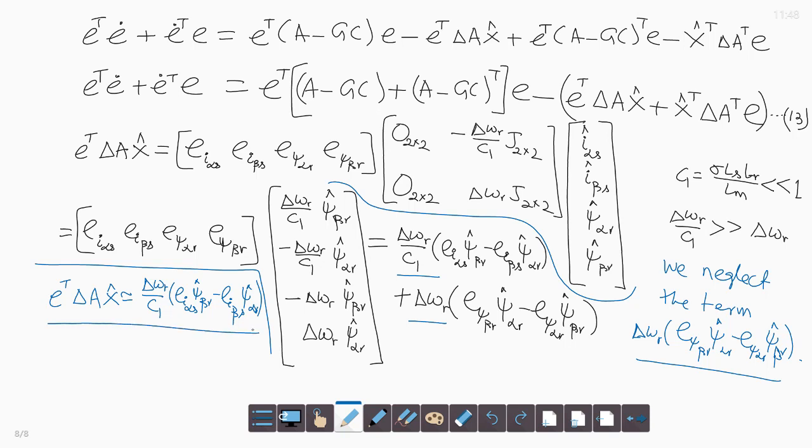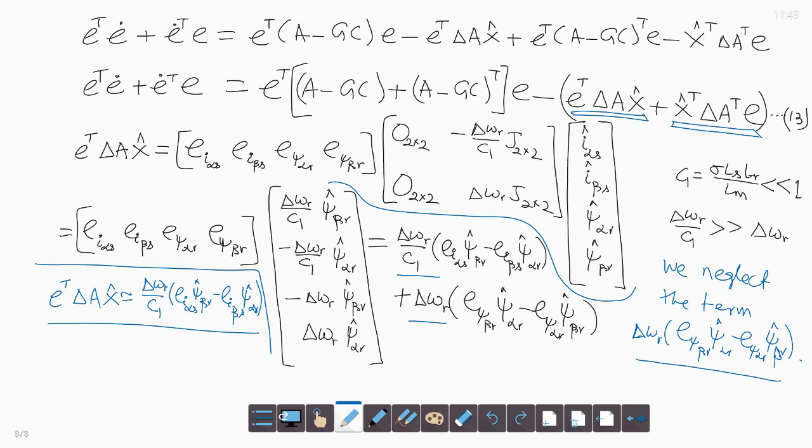Now, in equation 13 we have derived the first term in the bracket, E transpose delta A into x hat, and the last term, that is x hat transpose into delta A transpose into E, is just the transpose of the first term.